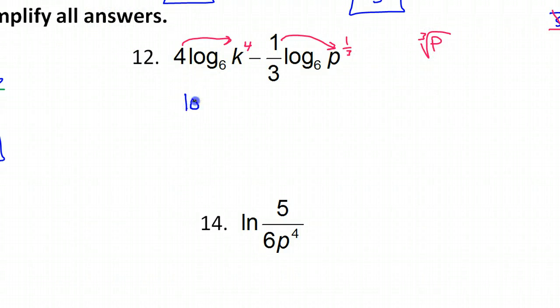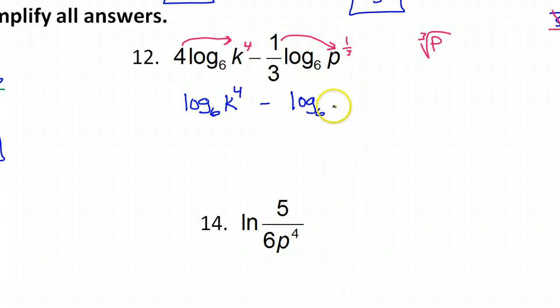Okay, so I'm going to have log base 6 of k to the 4th power minus log base 6 of p to the 1/3 power, but like I said, p to the 1/3 power is the cube root of p. So let me just leave myself a little bit more space so I can do the cube root of p like I'm supposed to.